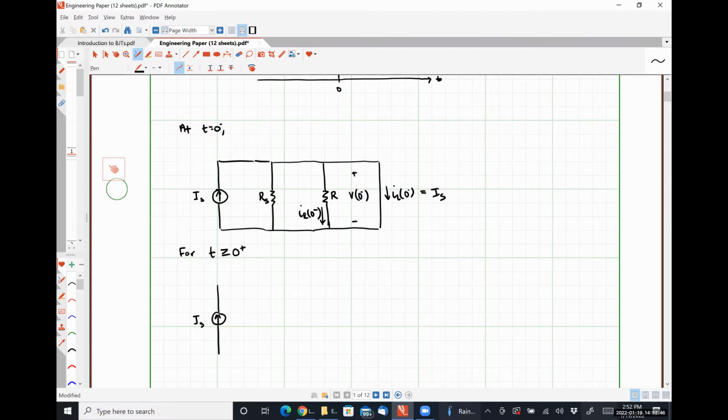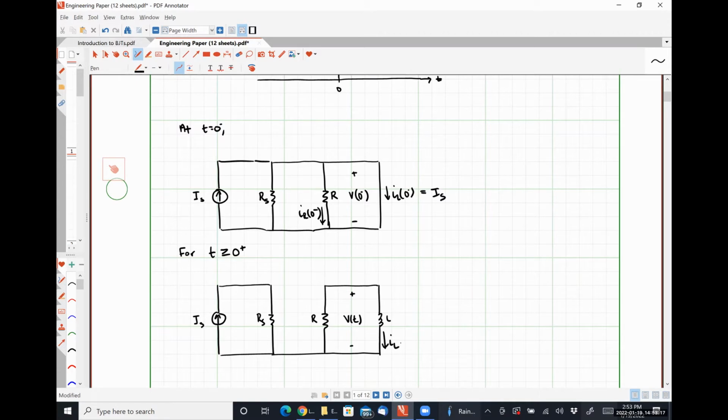We have IS. We have RS. When our switch opens up, we're going to treat it like an open circuit. So over here, we're going to have resistor R. Over here, we are going to have inductor L. This is our voltage V of t.